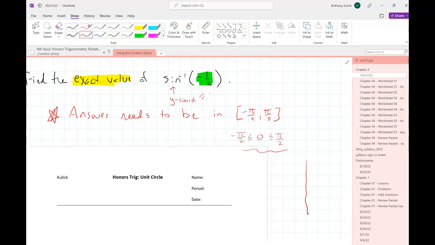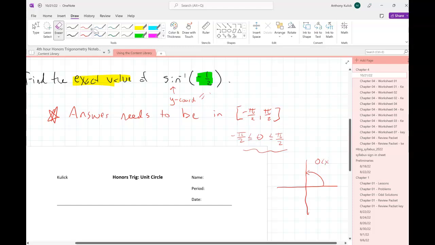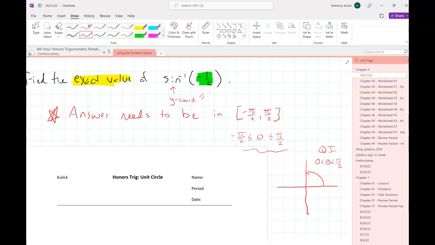So 0 to pi over 2 is going to be here, right? So that's going to be Q1. Everybody agree with that? But if I want the values where -pi over 2 is less than theta less than 0, that means I should be going this way and looking at quadrant 4.